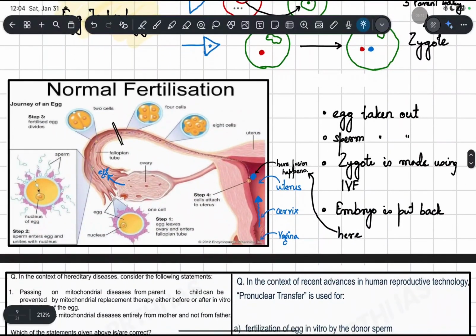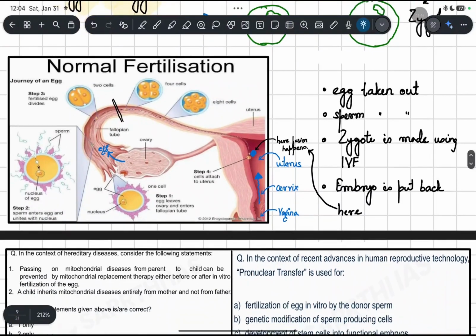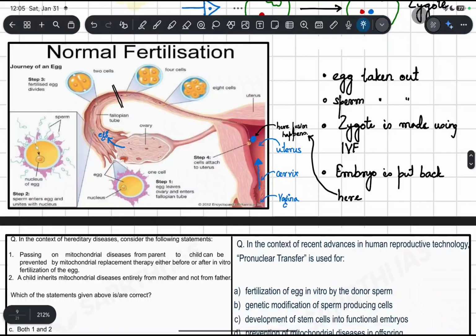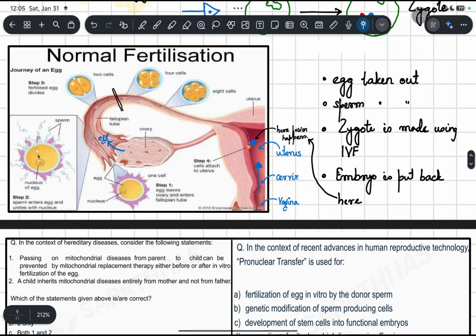There is another problem as well. So this is the vagina, right? This part is the vagina, this is the cervix, this area is known as the uterus, and this is where the fusion happens. From here, the egg starts to go through the fallopian tube. What happens when this fallopian tube is blocked, for some odd reason?